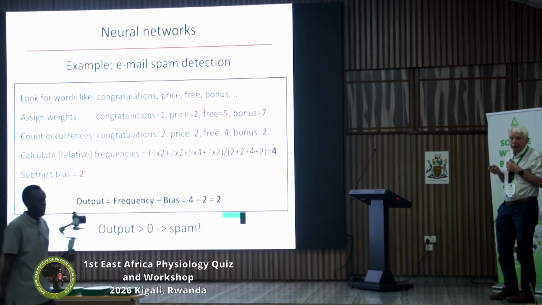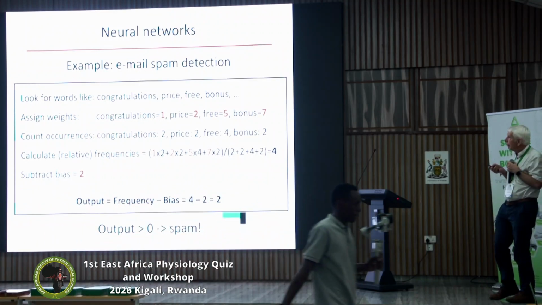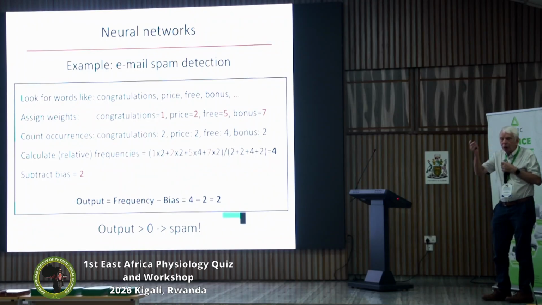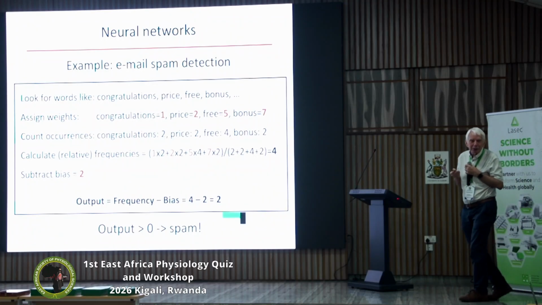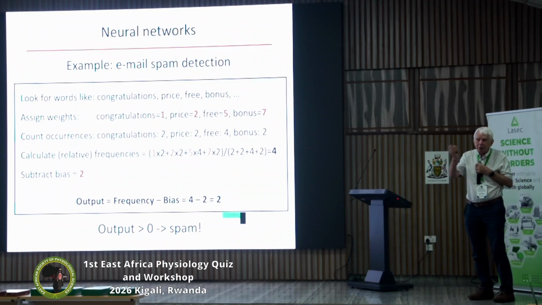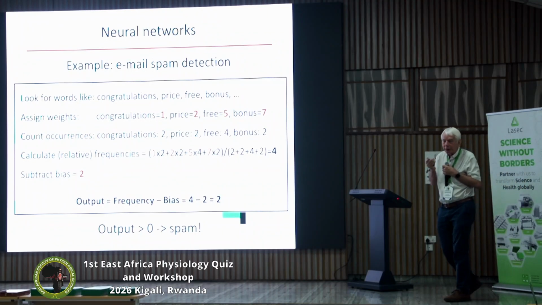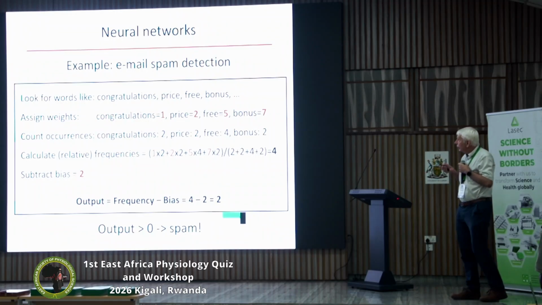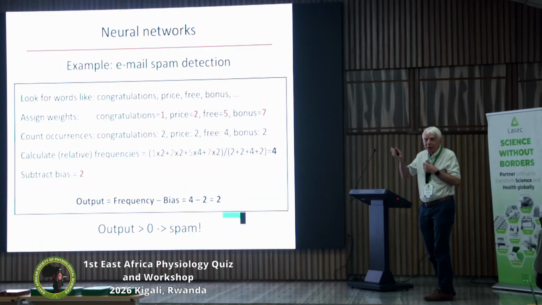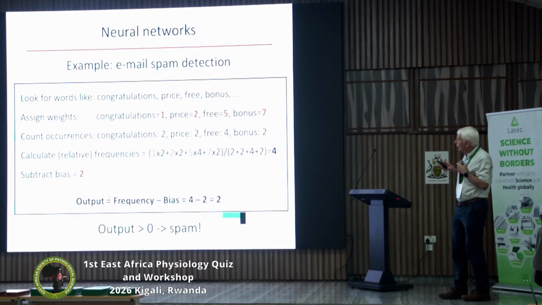To give you a short example, the spam detection in emails. You all receive emails every day. And of course, we are faculty, staff, students or whatever. Sometimes you have an email with a congratulation.